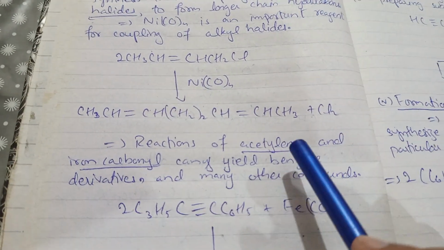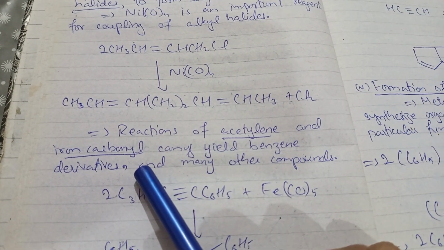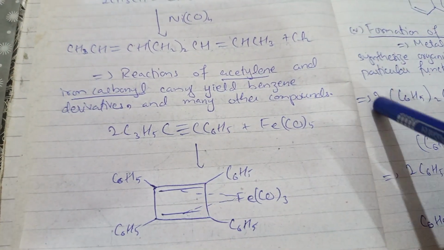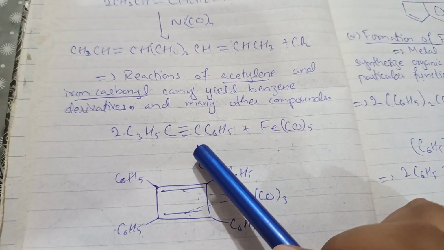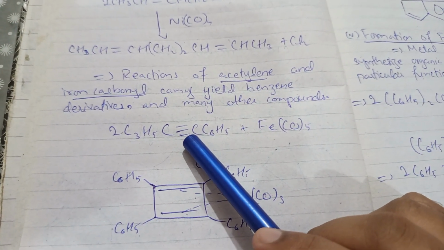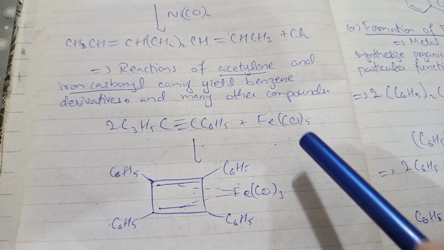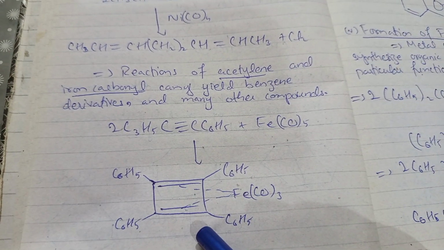Reactions of acetylene and iron carbonyl can yield benzene derivatives and many other compounds. Here you can see acetylene and iron carbonyl, and we have achieved this product here.